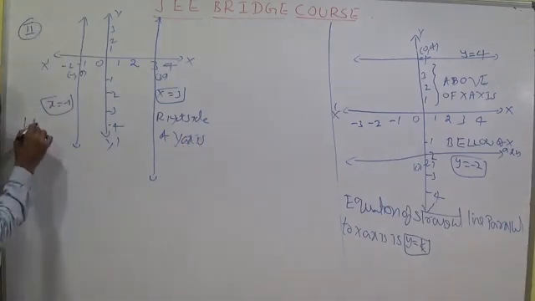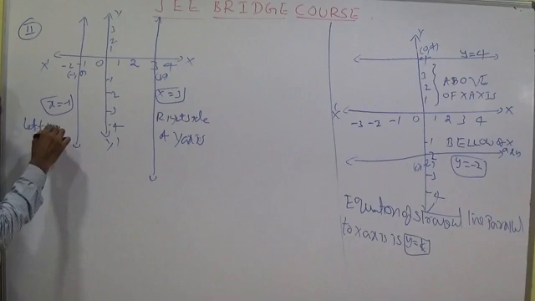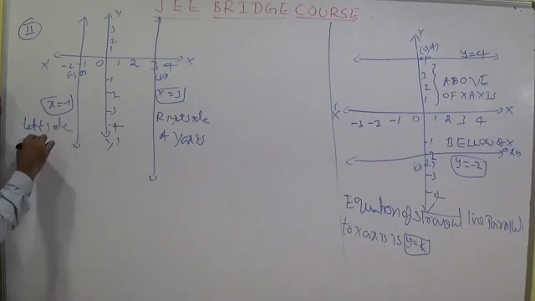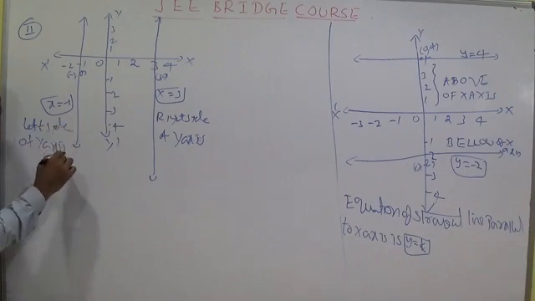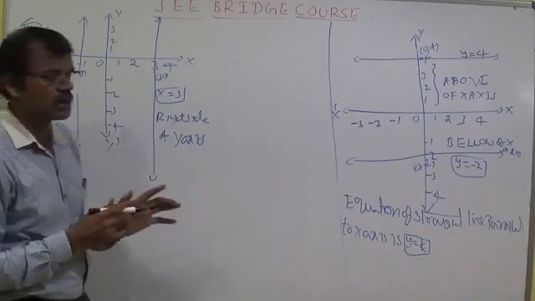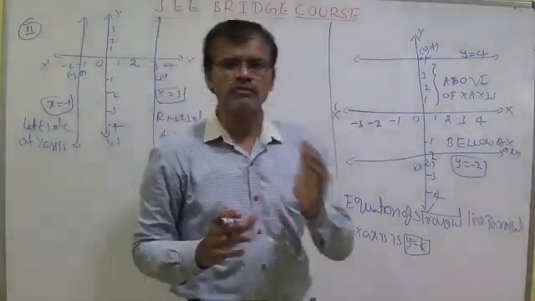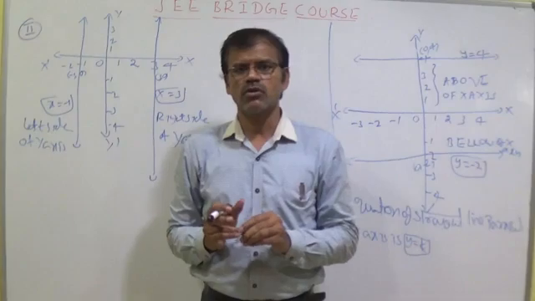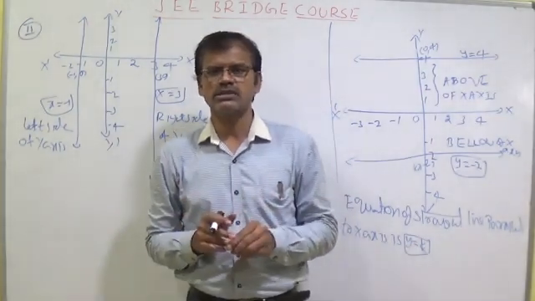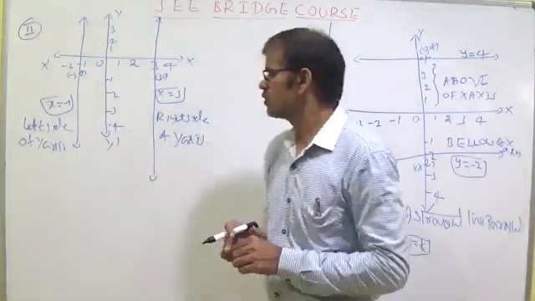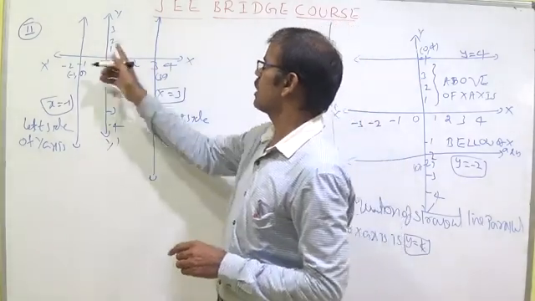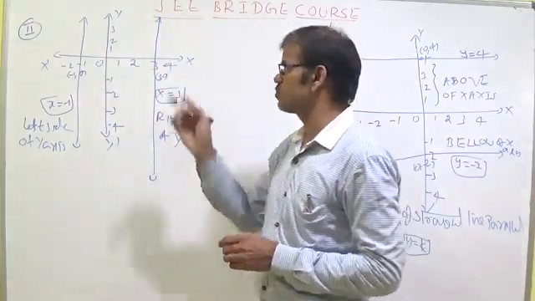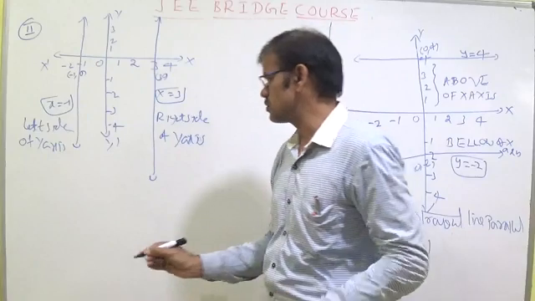Here left side you can write left side of Y-axis. So now you write whether the line is left side or right side. Don't bother about the side and the symbol, whether it is negative or positive. You can understand that the line which is parallel to Y-axis is X equal to K.